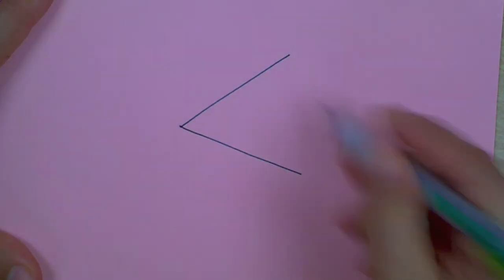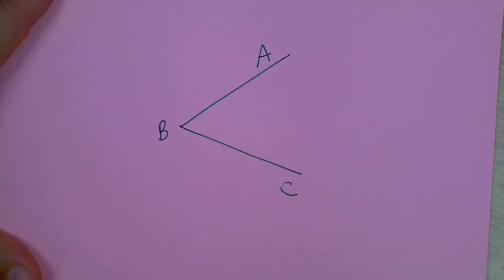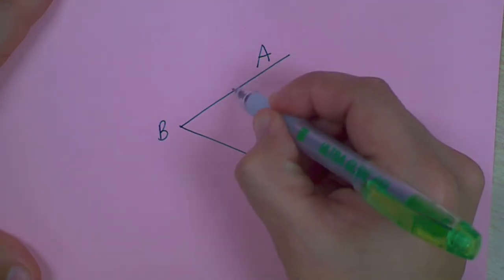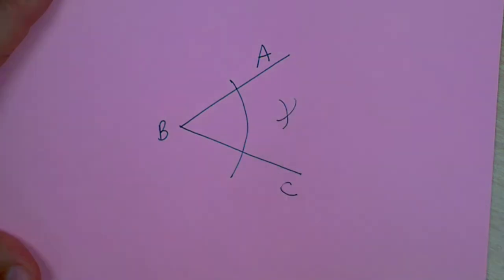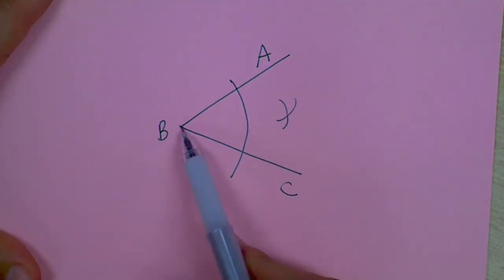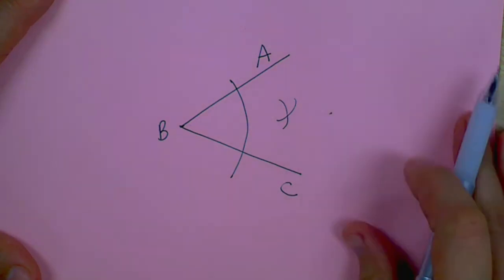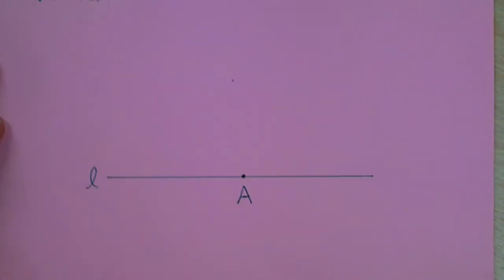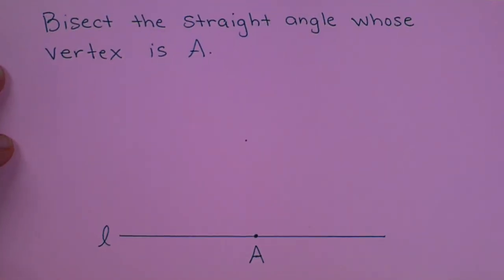And so if you take a look at an angle here, and let's look at angle ABC, when we created our construction here, you made sure that you created an arc, you measured your distance, and you had 2 measures here of arcs created, and you drew a line from your vertex B through your measurements there. It's very similar, don't get tricky just because it's on a straight line or straight angle.